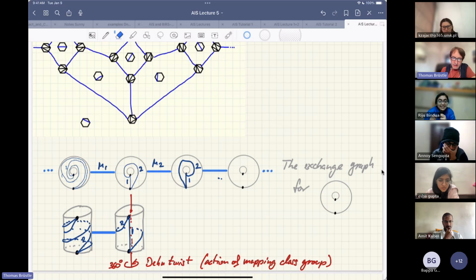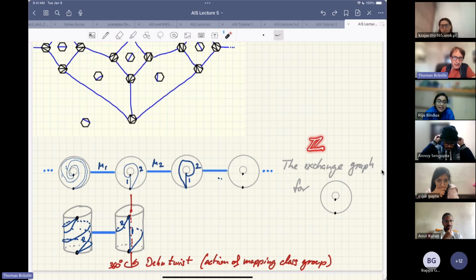The arcs in general look very complicated. If you move further out, they're going to go 5 times around and then to the boundary point, and then 6 and 7, 8, and so on. So the exchange graph is really indexed by the integers.